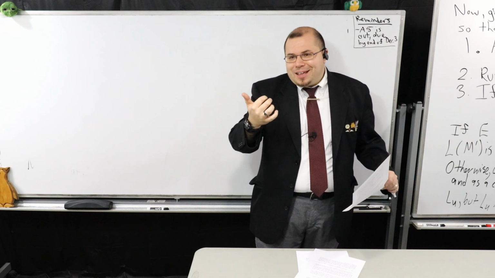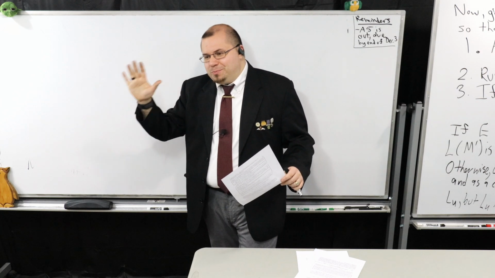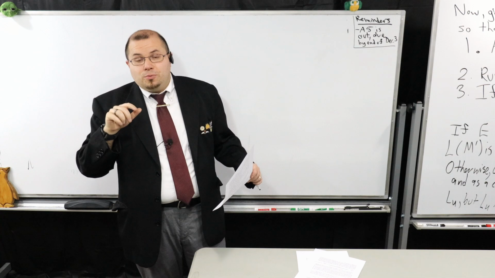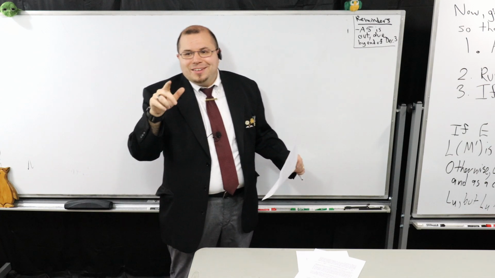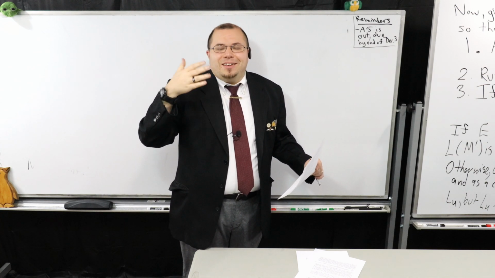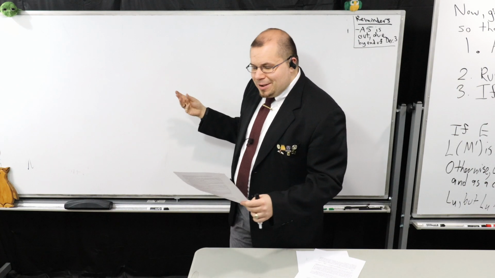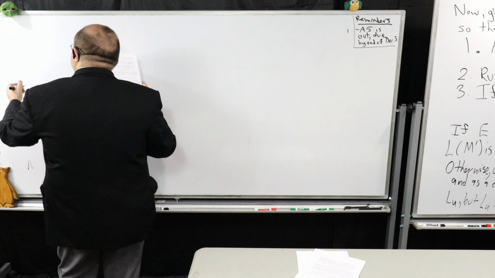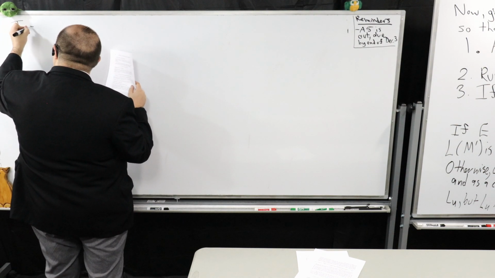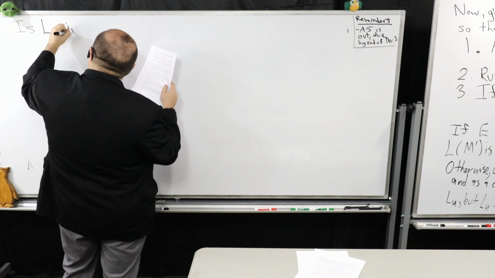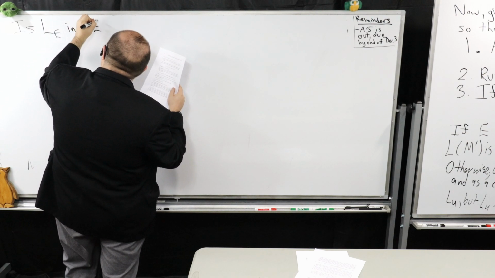Right? Do you remember that? I talked about how if both the language and its complement are recursively enumerable, that means that the original language also has to be recursive, right? So I'm going to use a little bit of line of reasoning here to ask you a similar kind of question. So is LE recursively enumerable?